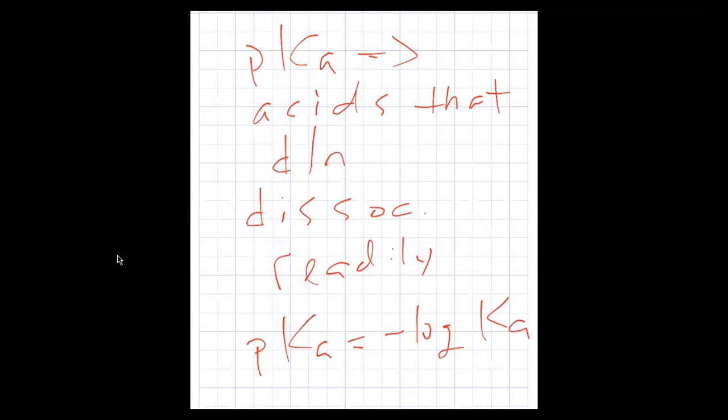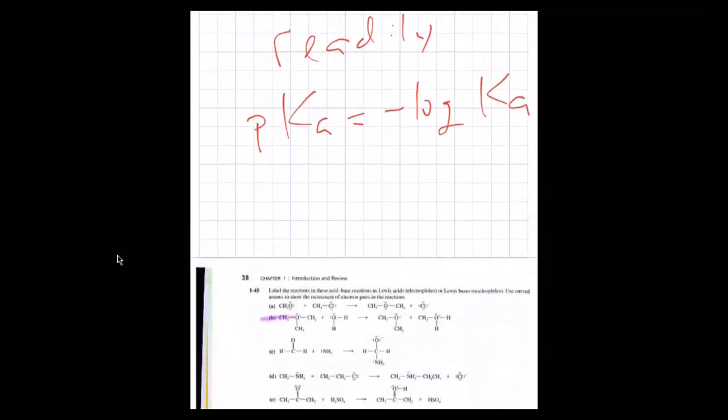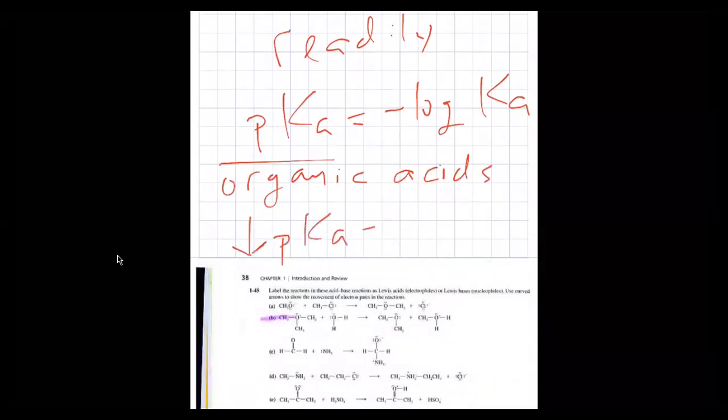Because if you have a negative log, that means that if you put a big number in for Ka, the pKa is going to be smaller, right? So for organic acids, you have a low pKa for strong acids.